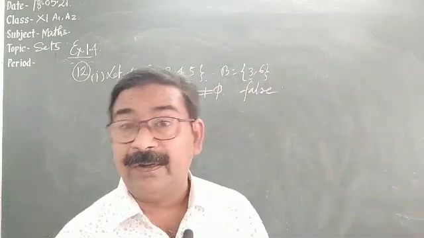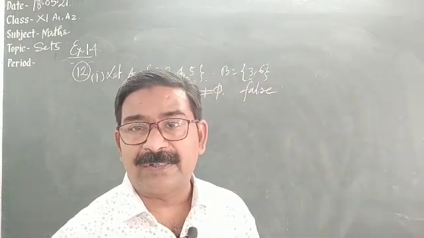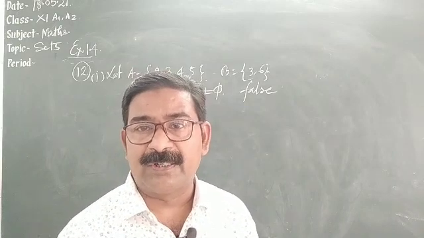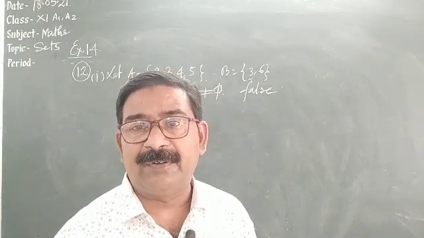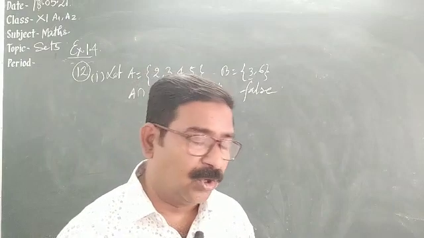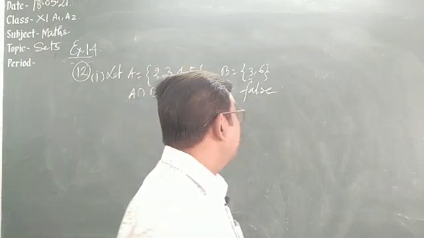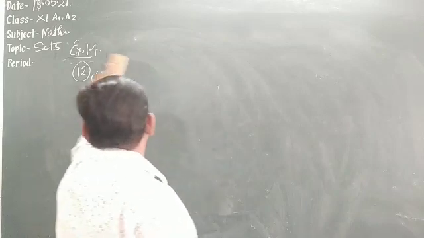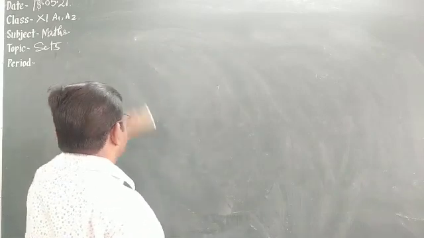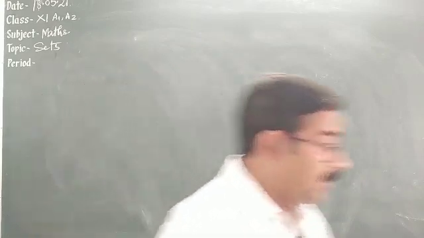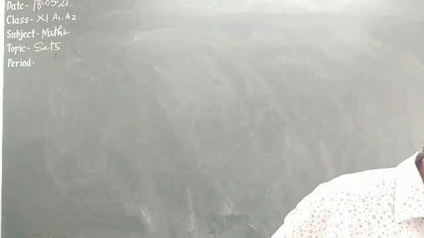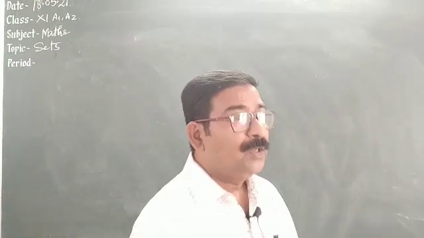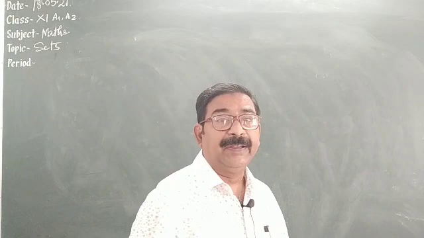Repeating, when the elements of a set are removed from the universal set, the elements left in the universal set are called the complement of the set. So we have to start the exercise. Before starting the exercise, we have to see a theorem which is a very important one: De Morgan's law.